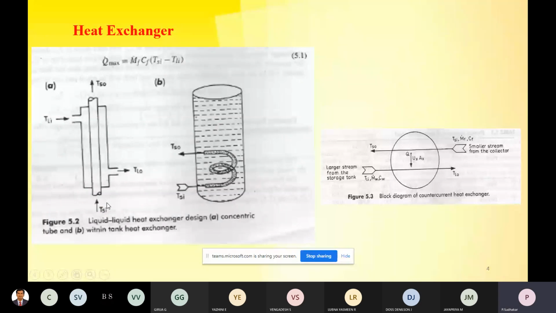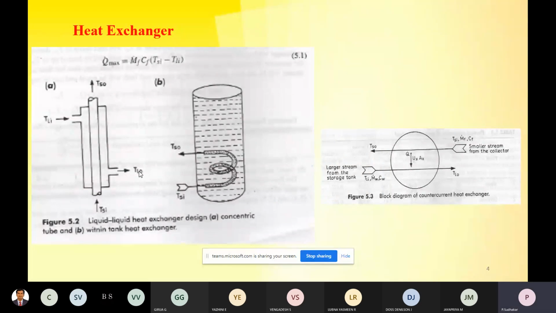In this case, the temperature of the smaller stream inlet is denoted here, and the temperature of the larger stream inlet here. Likewise, the temperature of the smaller stream outlet and the temperature of the larger stream outlet are here. This is the denotation given.